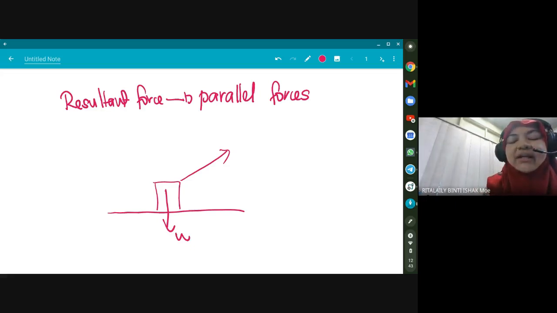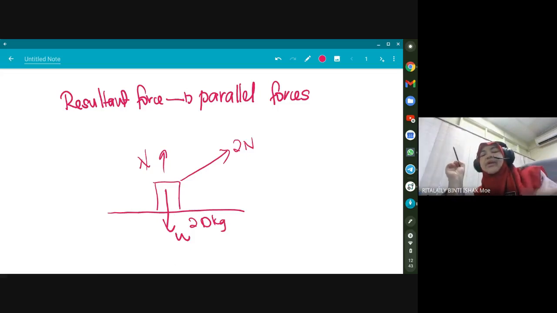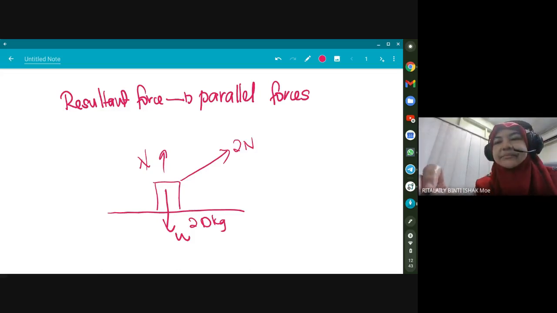Okay, we know that we have normal force, but we have another extra force. Let's say this force is 2 Newton, and the object is 20 kg. Okay, so we have two forces, normal force.